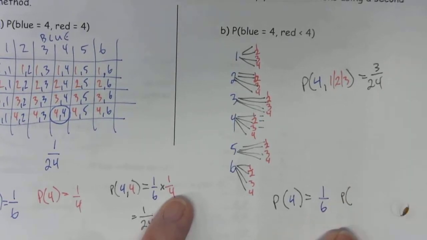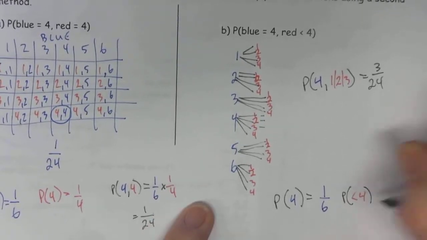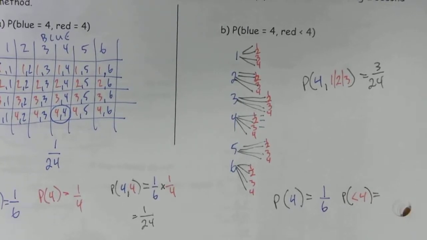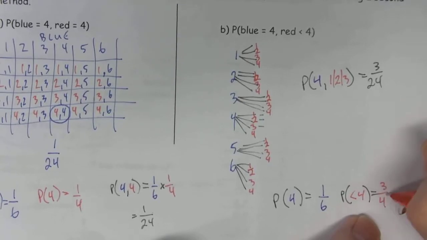The probability of it being less than 4 on the red die is, well, the red die, there's 4 options, 1, 2, 3, and 4. 1, 2, and 3 all match this situation, so there's 3 out of a possible 4 outcomes.